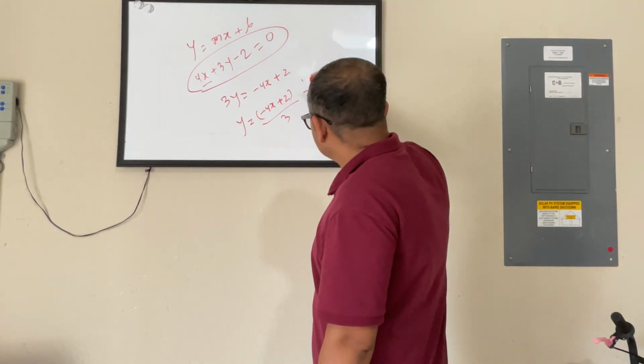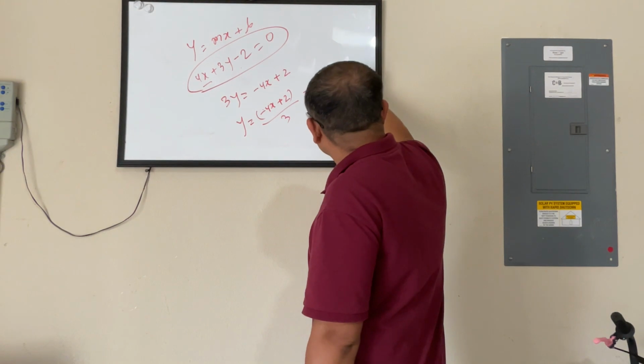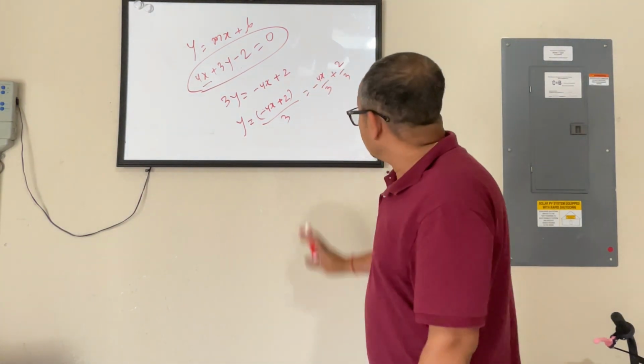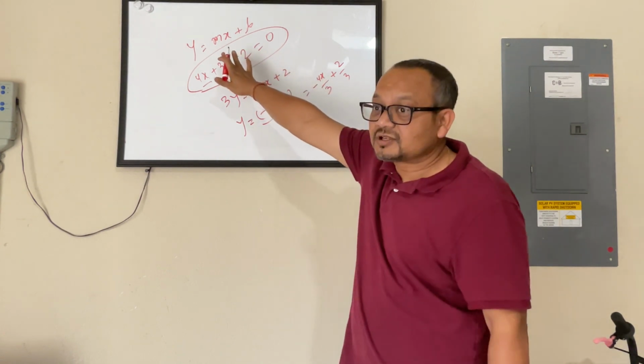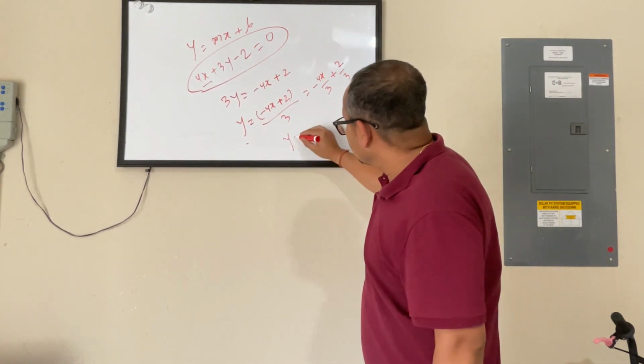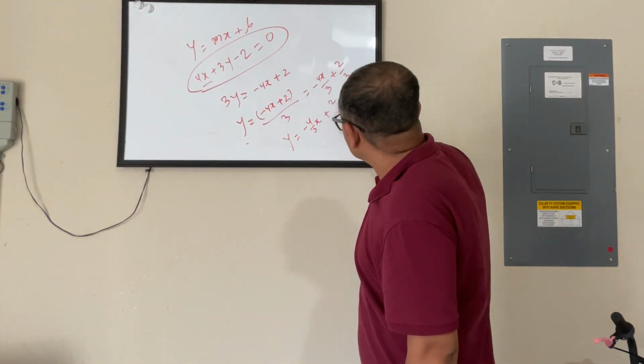Or I can break it down further and say, okay, this is minus 4x by 3 plus 2 by 3. I just split that. Now this is somewhat closer to the slope-intercept form. So now the equation has become y equals to minus 4 by 3x plus 2 by 3.